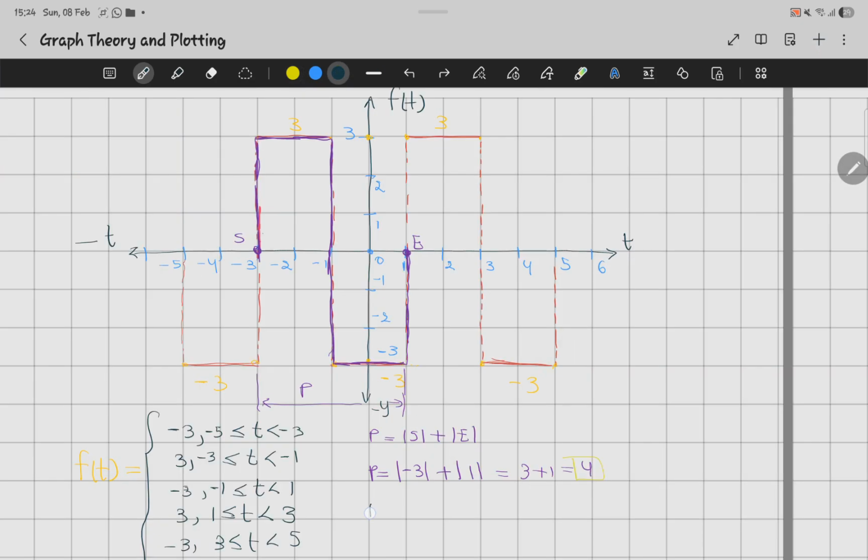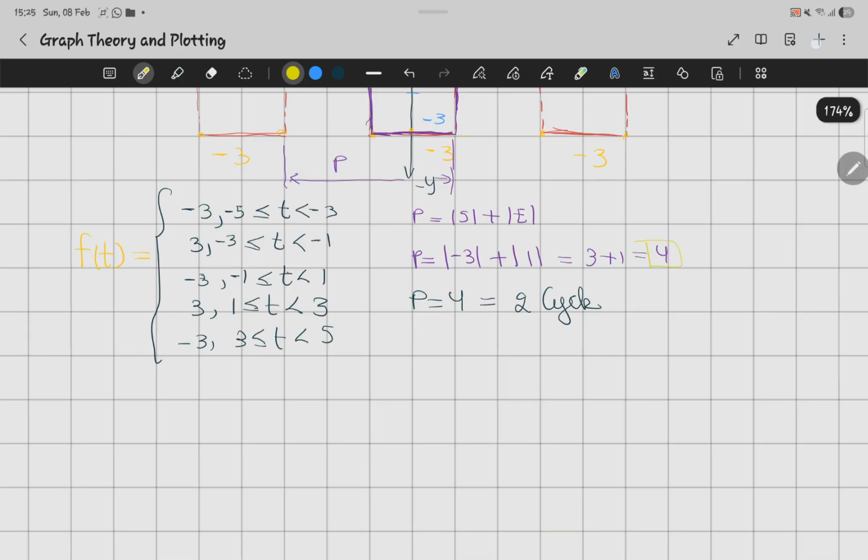So the period equals 4, which is equal to 2 cycles. It's saying that we have 2 cycles here, the first and the second.